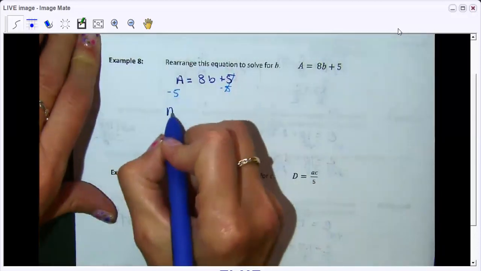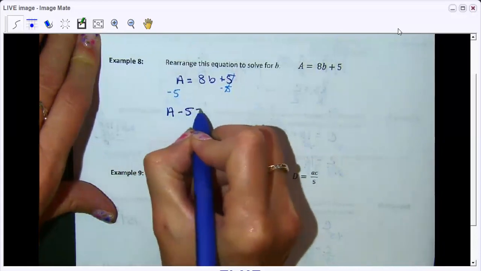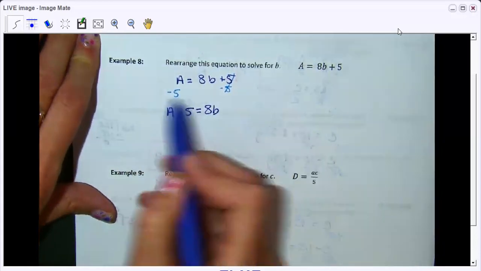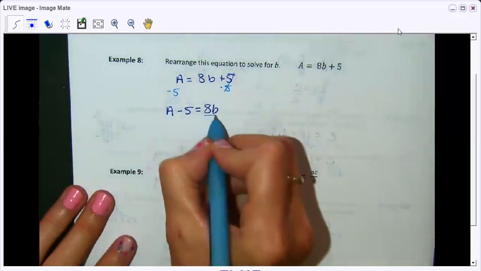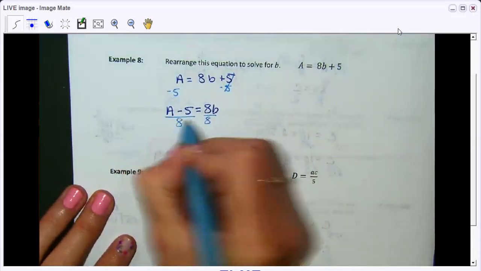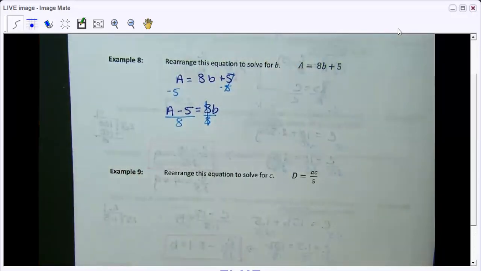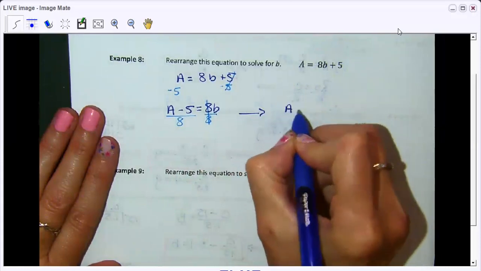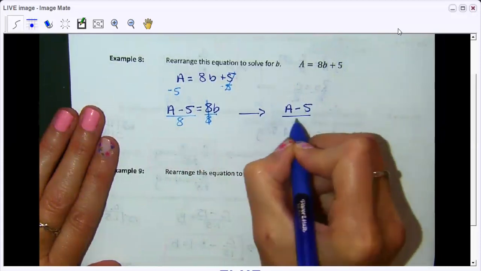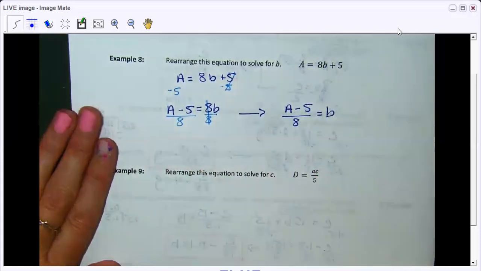So you end up with A minus 5 equals 8B. And this was the biggest struggle. So then we divide everything by 8. So your final answer should be A minus 5 divided by 8 equals B.